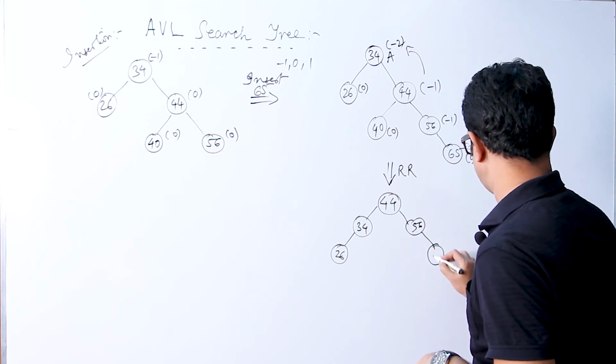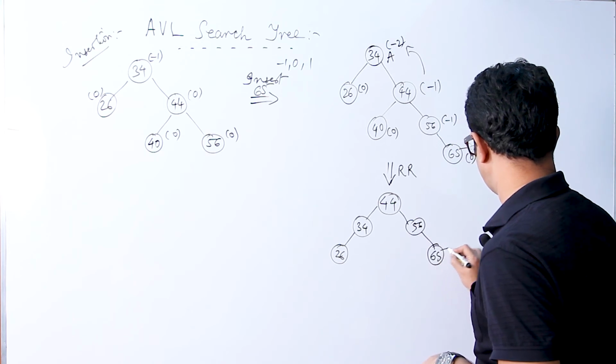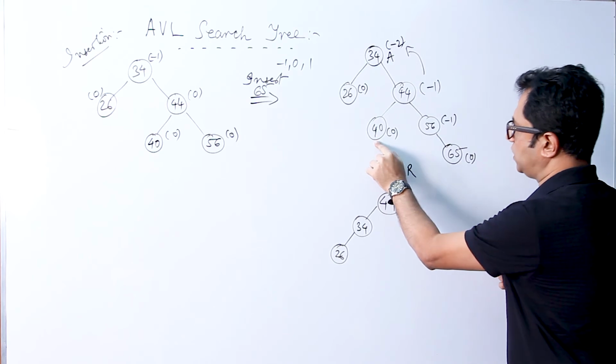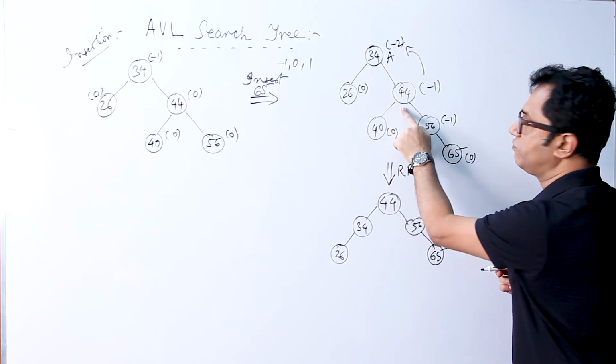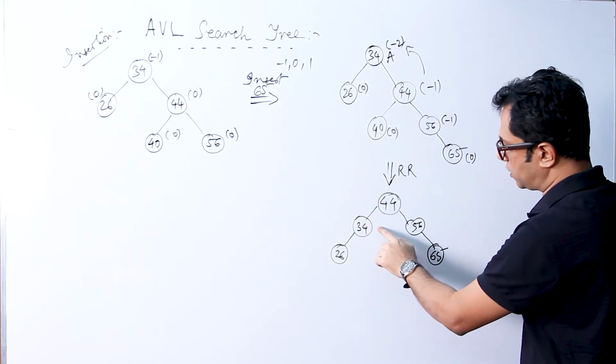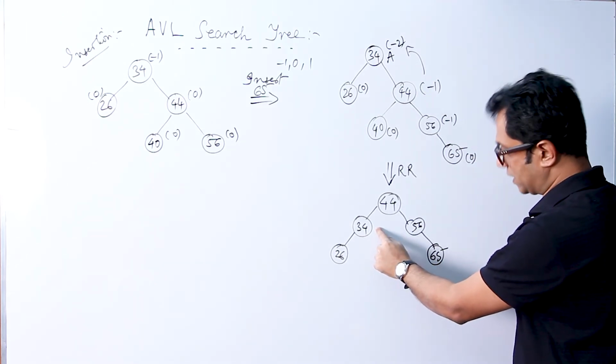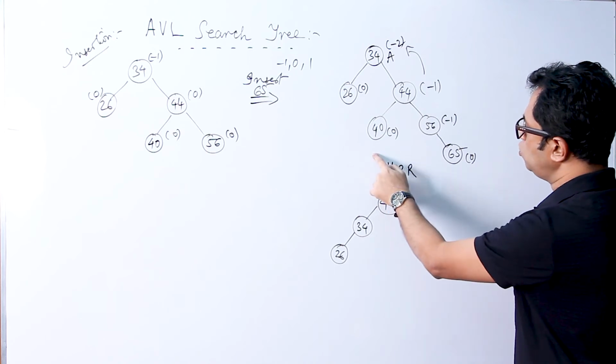56 has a right child in 65, and there is an interesting case here as well, that is 40 is on the left subtree of 44, but we have accommodated 34 as the left child of 44, so where to put this 40?